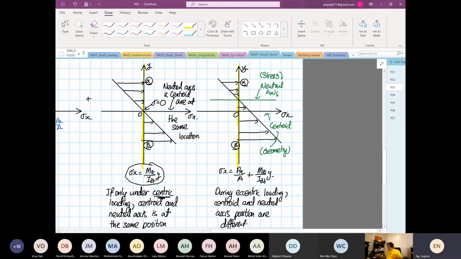I'm going to highlight centric for you. When it's eccentric loading, you see a shift. Right at this point over here, stress is equal to zero, so you see the shift down here.